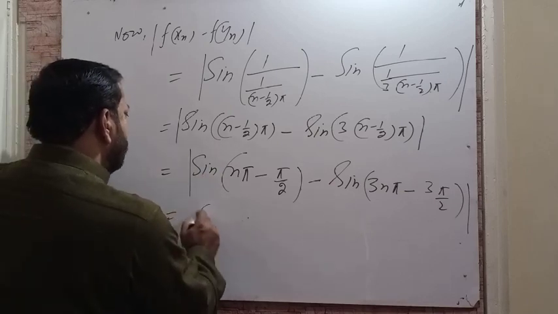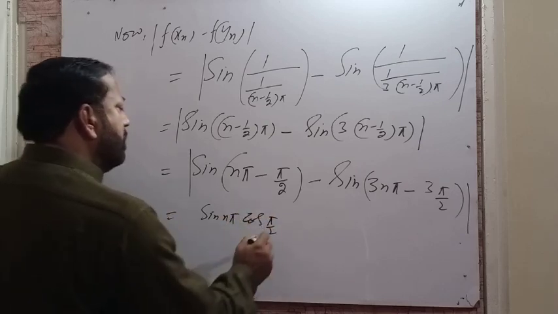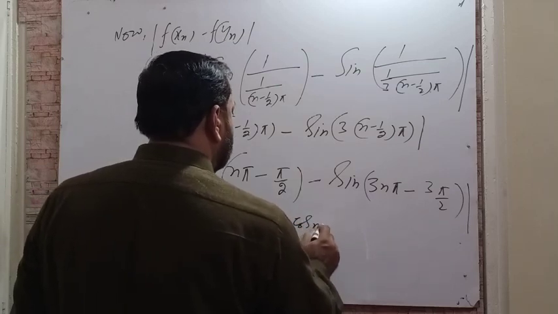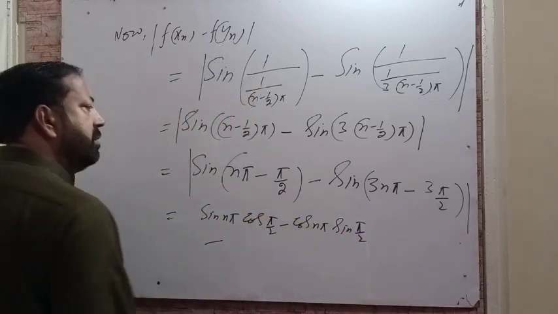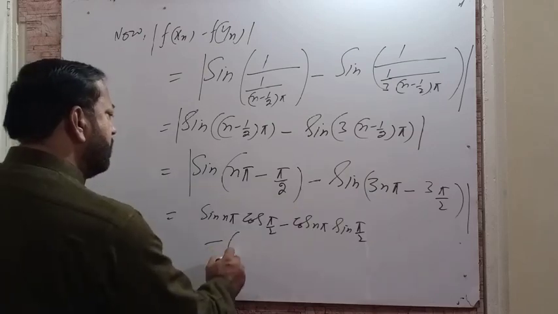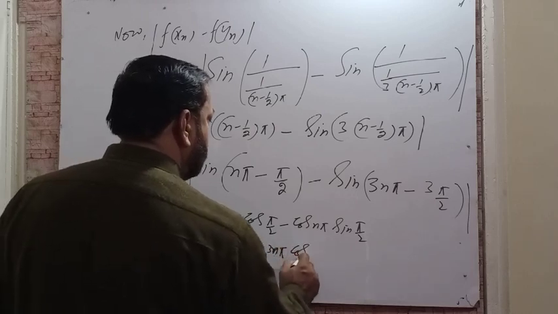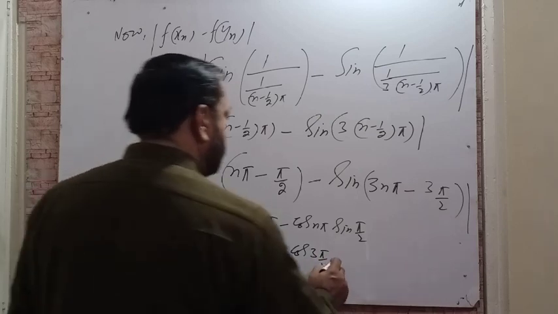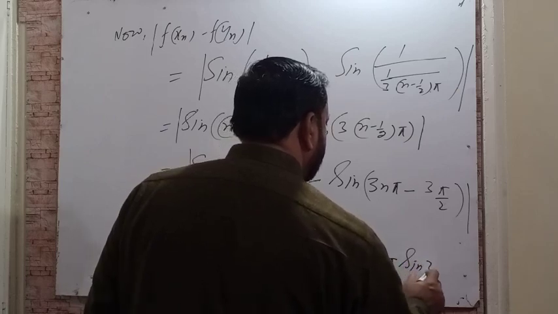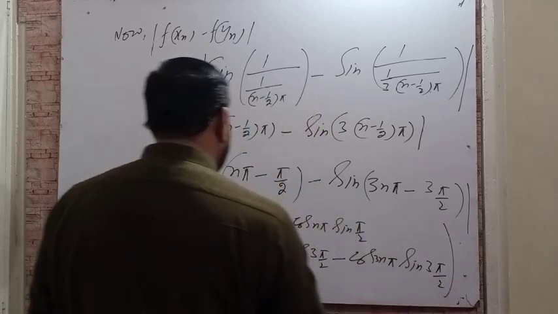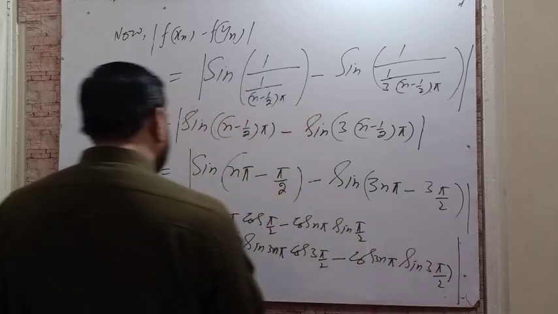I can write sin nπ cos π/2 minus cos nπ sin π/2, minus, again using the same formula, sin 3nπ cos 3π/2 minus cos 3nπ sin 3π/2.